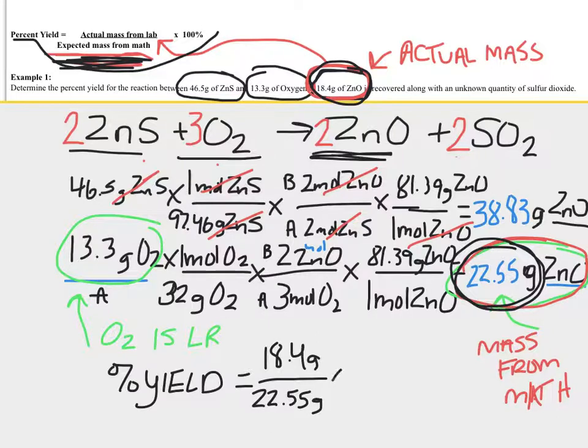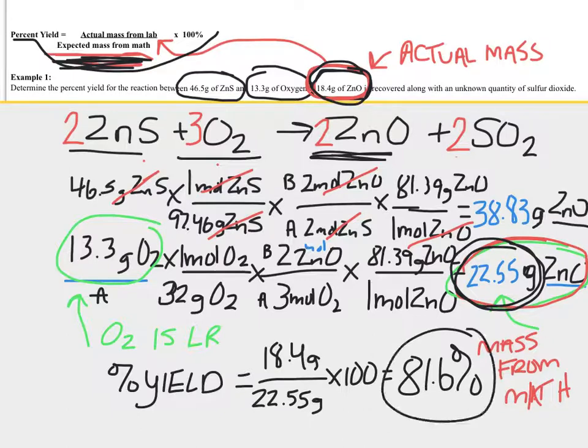So if we divide that both and multiply by 100, we end up getting a total, which is 81.6% yield. What does that mean? It means that we got about 81% of the zinc oxide out that we expected.